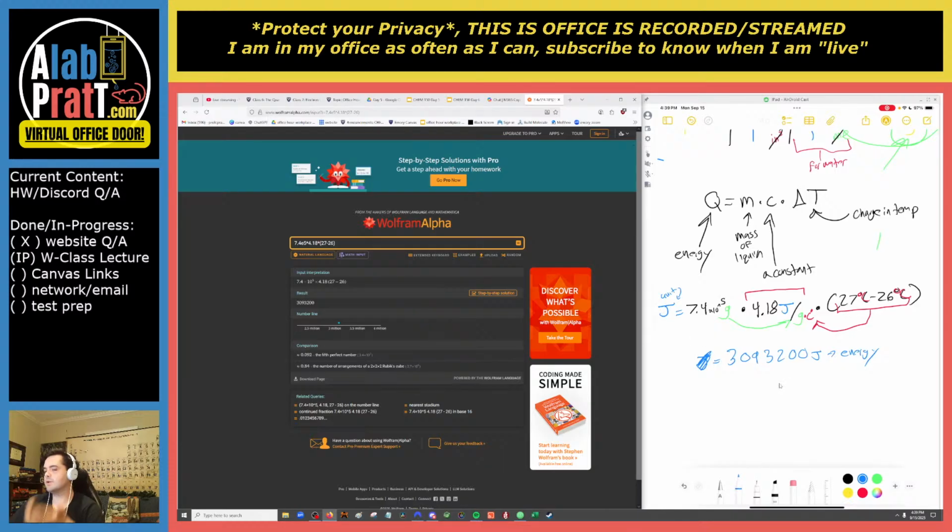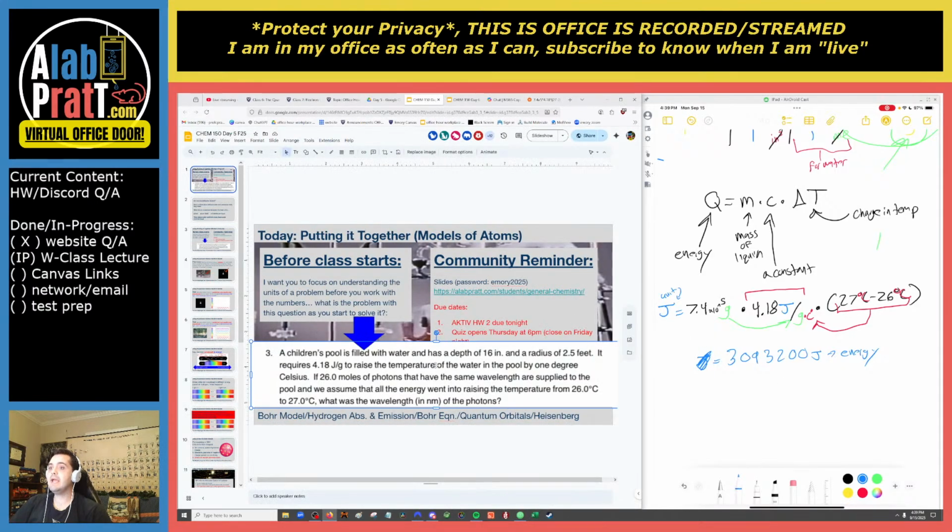Okay, so great, I have my joules energy, and what else is my problem giving me? It's telling me the amount of photons, and they all have the same wavelength. So this is a very unique way to heat up a pool. I'm not using a wide spectrum of light, not putting in wavelengths of all different types, but one specific wavelength that's being supplied to this pool.